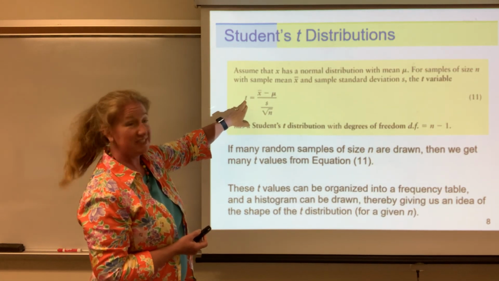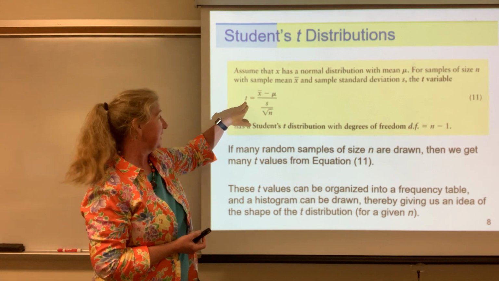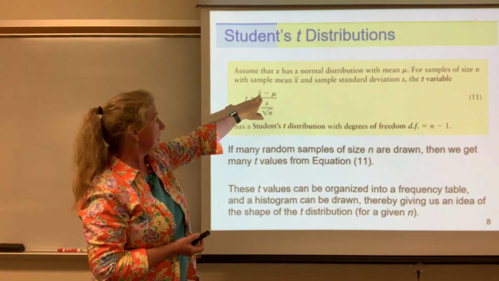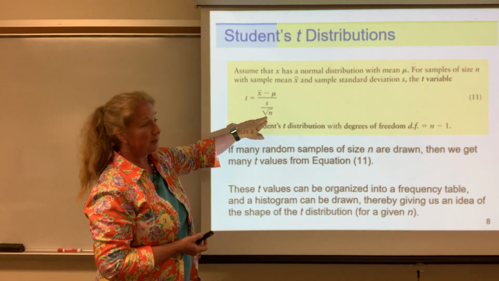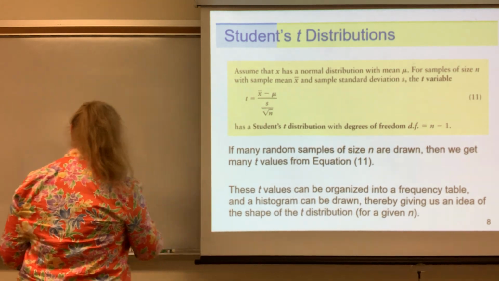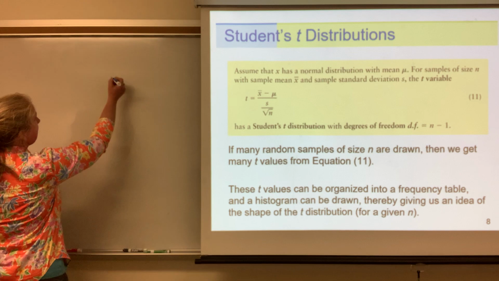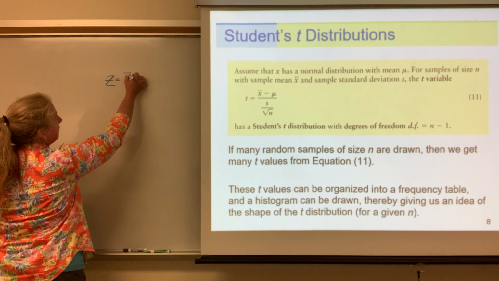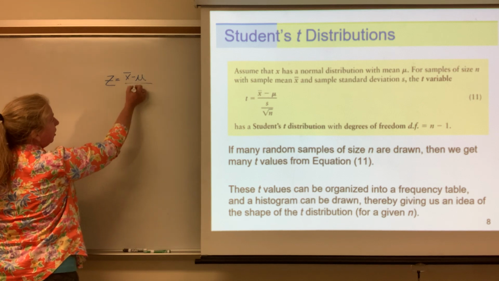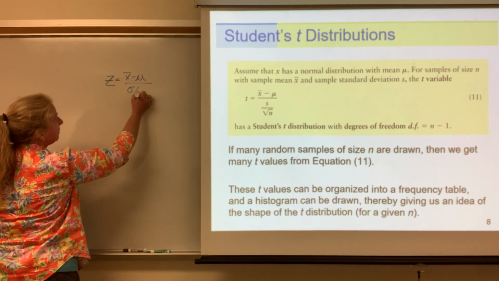So instead of Z, we're using T. So T equals X bar minus mu over S divided by the square root of N. Now, very similar to what we did with Z, where Z was X bar minus mu over sigma divided by the square root of N.